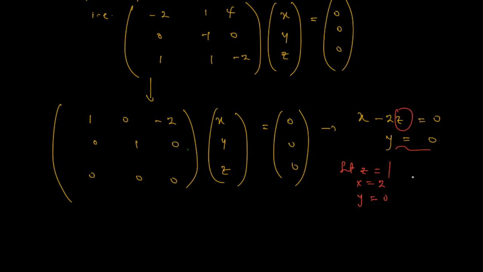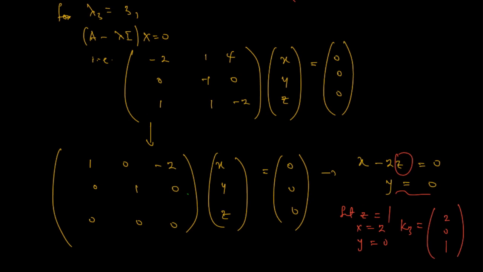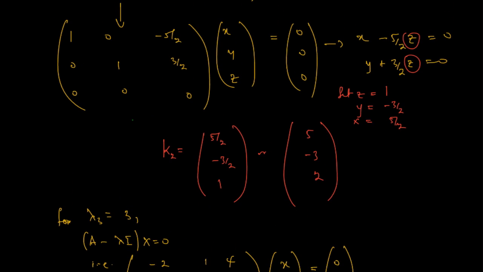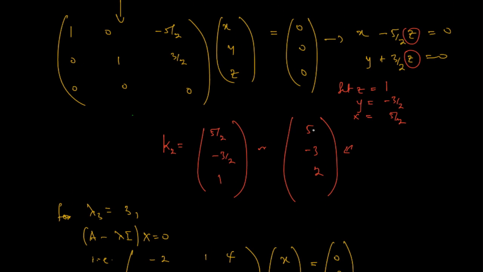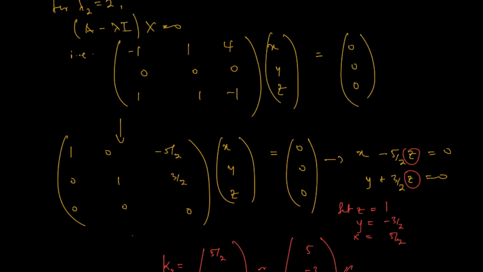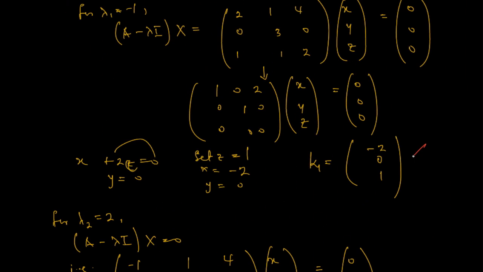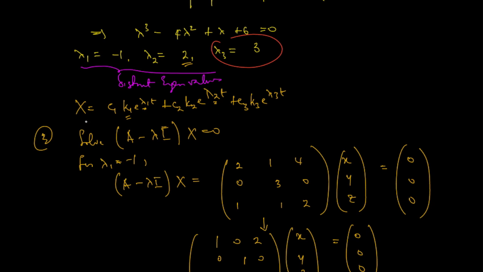So we have k3 to be 2, 0, 1. We have k2 to be 5, negative 3, 2, and k1 to be negative 2, 0, 1. And then we said this is what our general solution should look like.